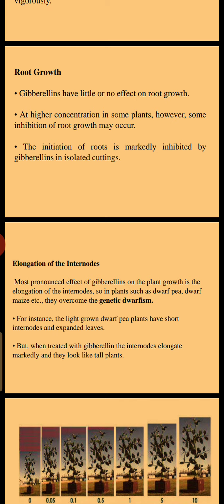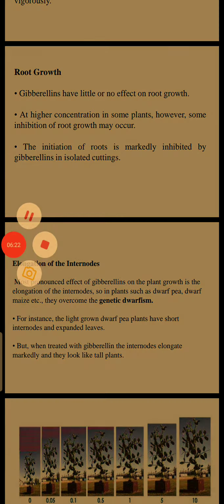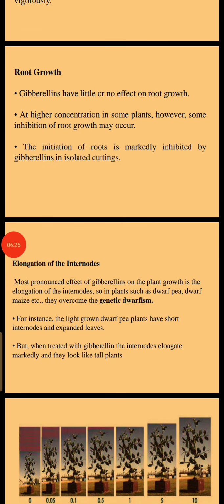See in the next slide, here we have taken 7 different concentrations of gibberellic acid. In the first case there is no gibberellic acid we are applying artificially or synthetically, because whatever amount of gibberellic acid is found naturally, it is shown as a dwarf plant.